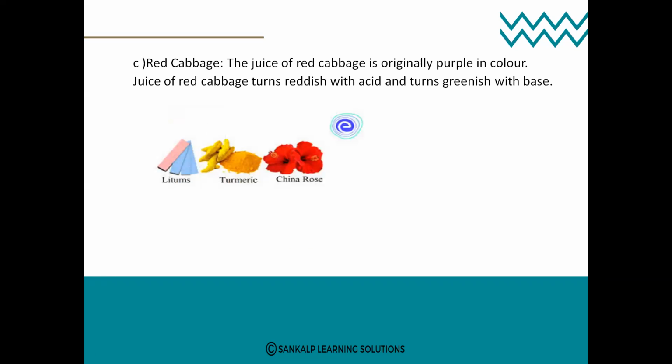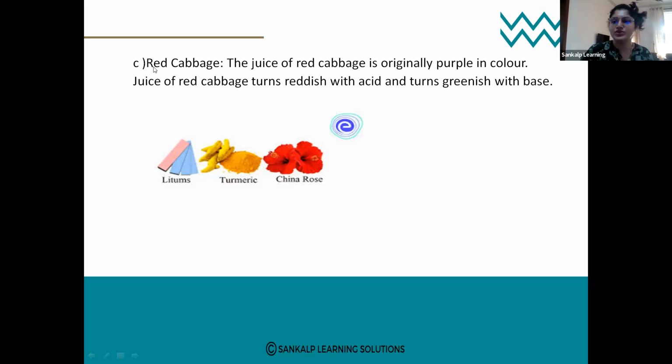Whenever you have an acidic solution and you dip the litmus, it turns the blue litmus into red. And whenever you have a basic solution, it turns your red litmus to blue.